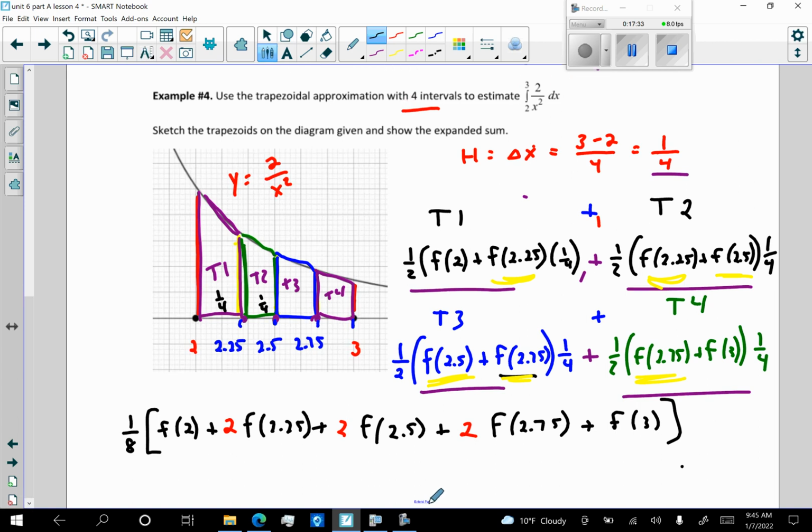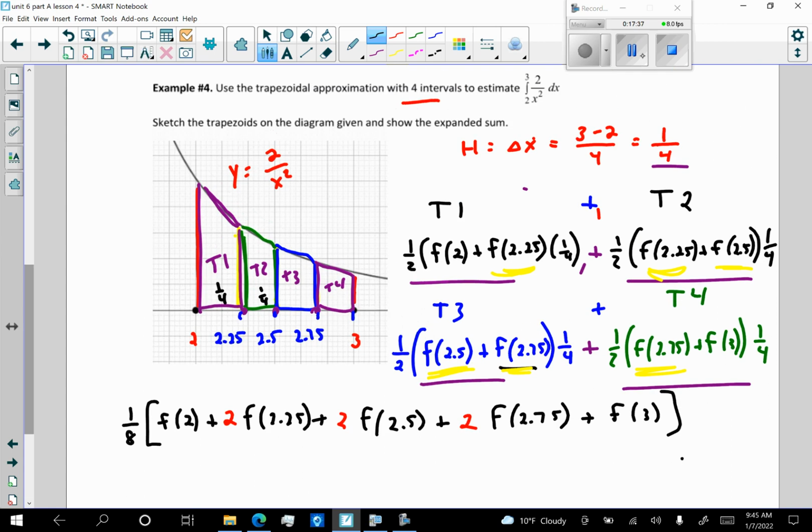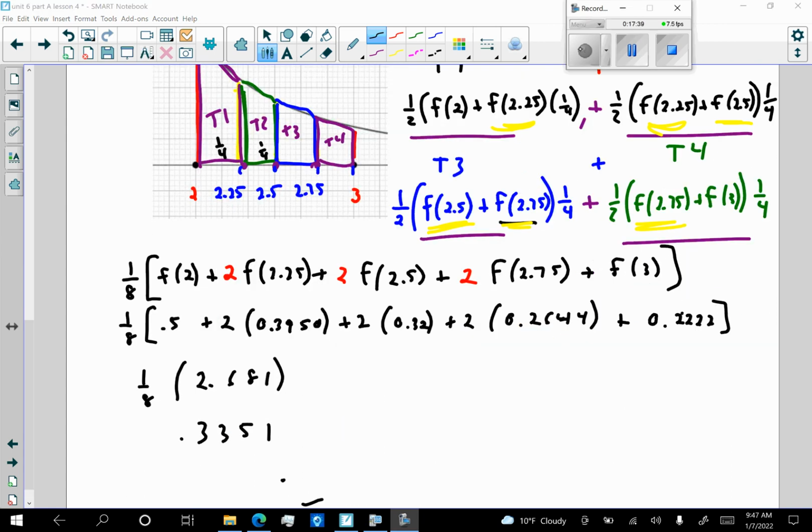I'm going to go to my calculator and find these values. Okay, so let's see what I did. I went to my calculator in the table feature, and I found these values here. You can pause the video and double check my arithmetic. I actually double checked my arithmetic, but please, if you feel the need, go right ahead.